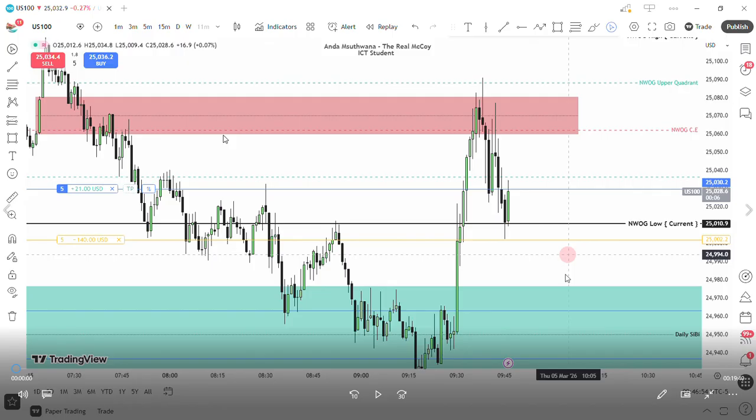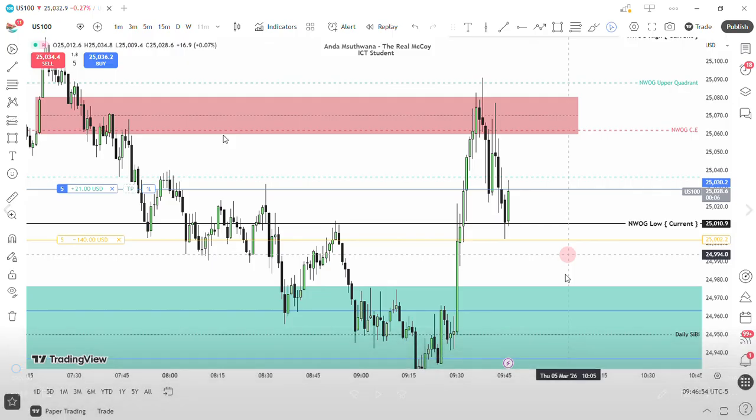But the way they did it was, it wasn't a straight shot down to discount, but they took their time. They played inside ranges, they accumulated. When I say they, I'm talking about the algorithms.